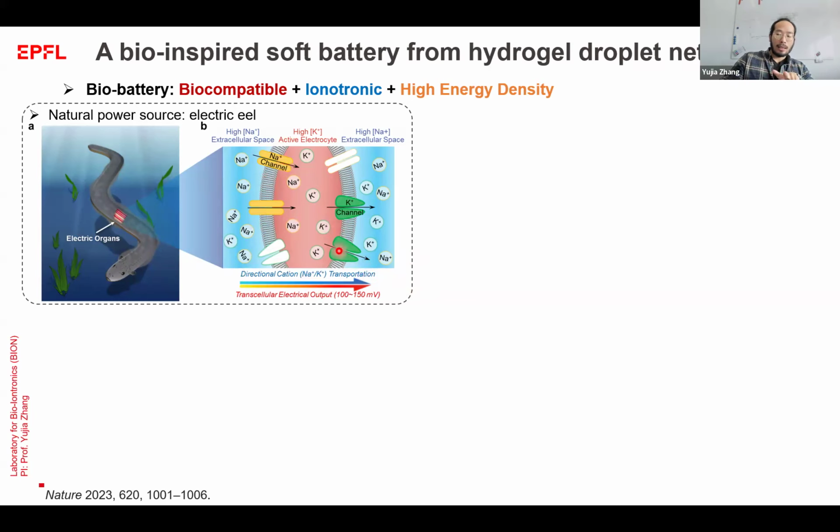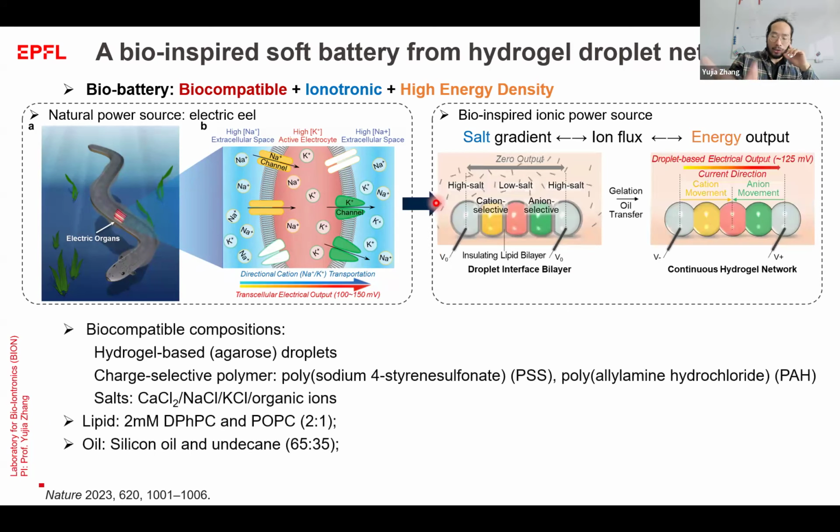It uses asymmetrically distributed cation channels, for example sodium channels and potassium channels, to translocate sodium and potassium across cell membranes and achieve purely ionic-based output power. The question for us is, can we mimic this structure and also use ions as an output energy source to achieve some biomedical functions? That is the central goal of this project.